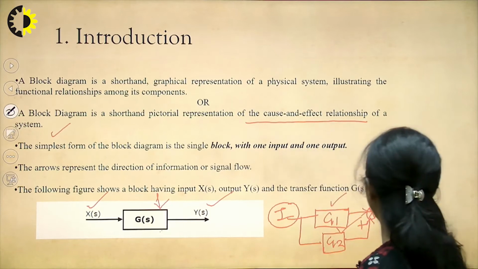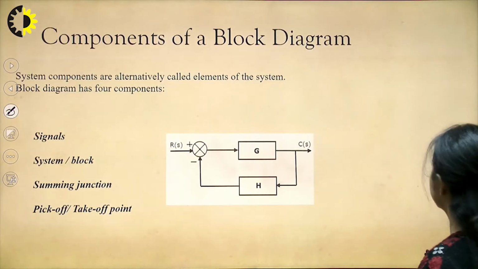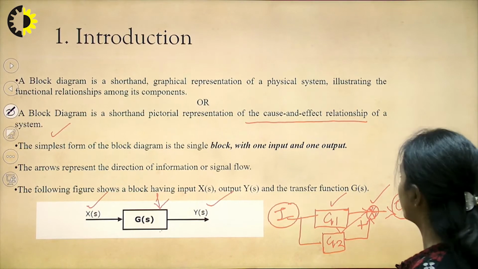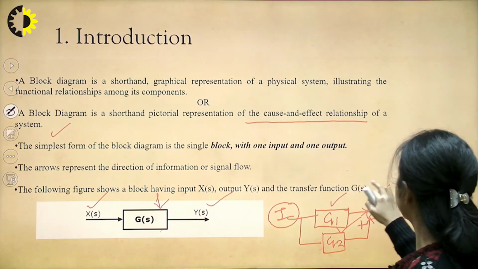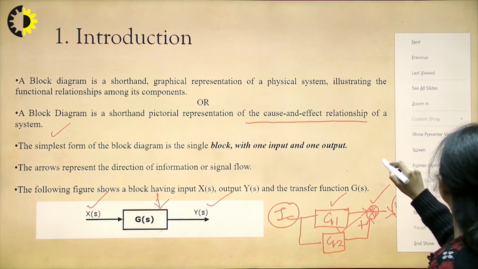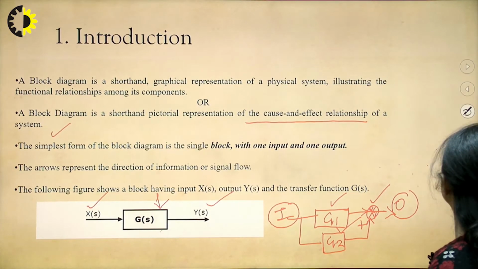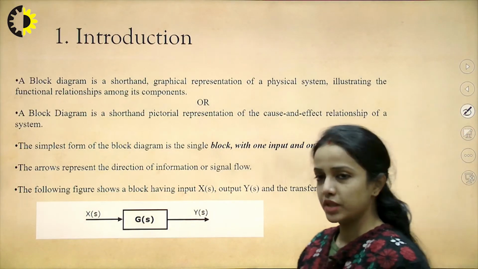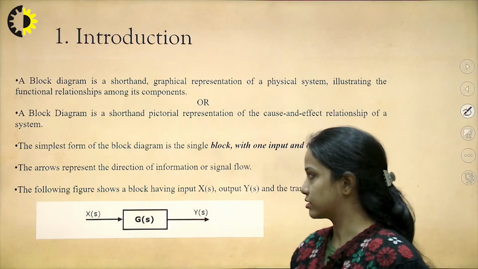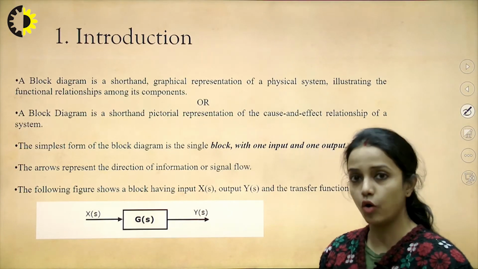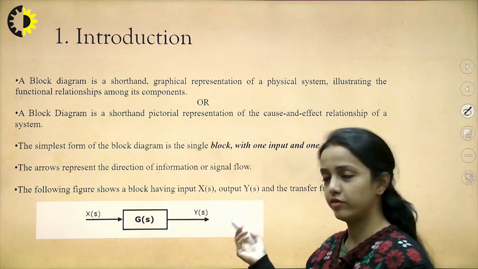So, what is cause and effect relationship? Here we see the cause and effect relationship can be studied in this present system. We see that any system needs to have a cause to lead to an effect.